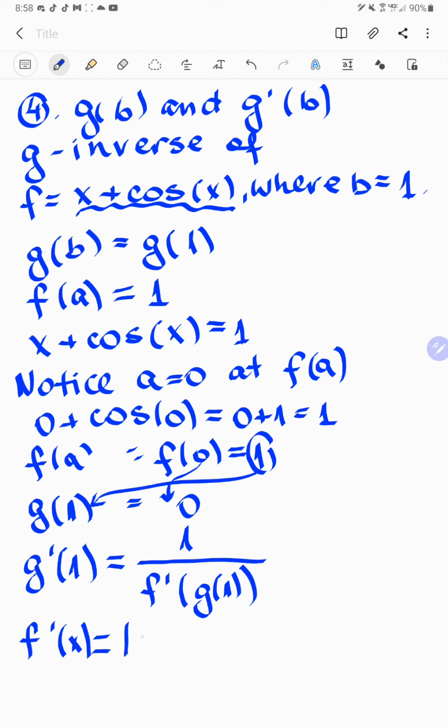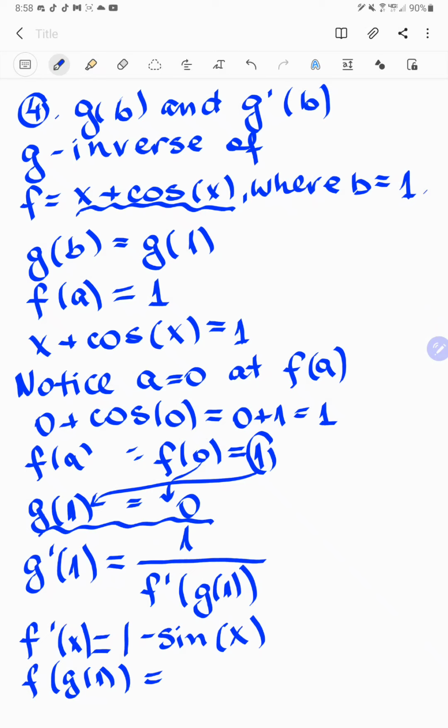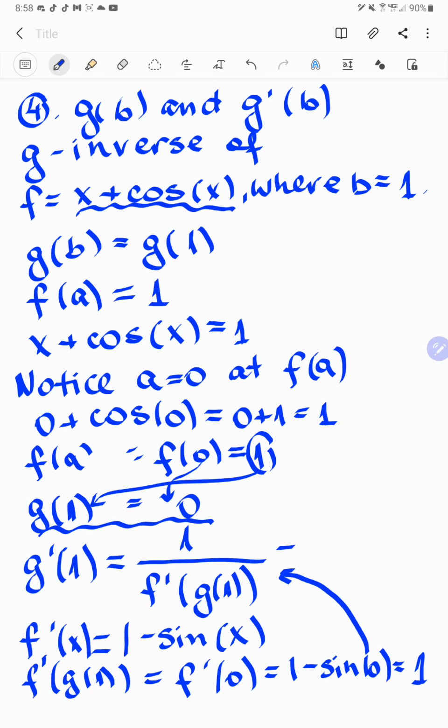Derivative of cosine is negative sine of x, and then if we evaluate that at g of 1, we have found out right here that g at 1 is 0, so we're evaluating f prime at 0, which would become 1 minus sine of 0. Sine of 0 is 0, so that would be just 1.